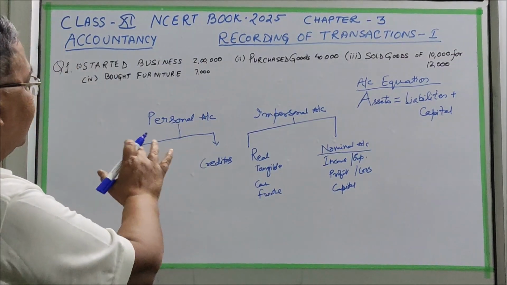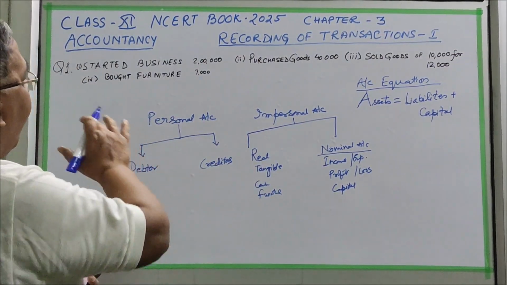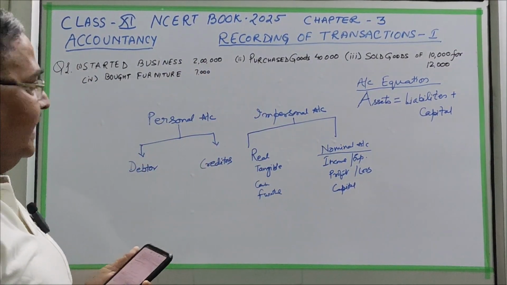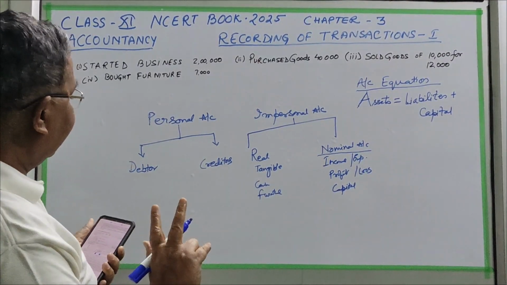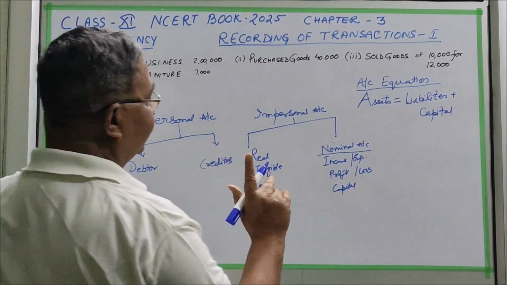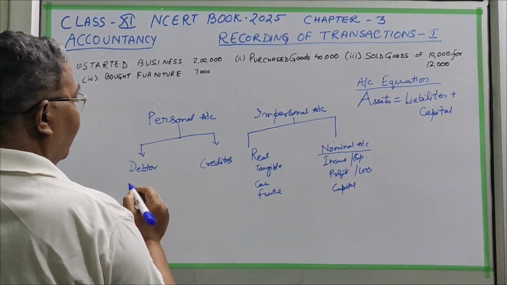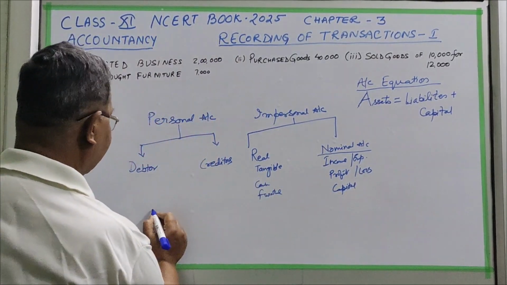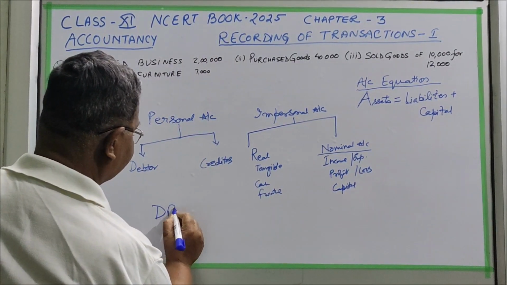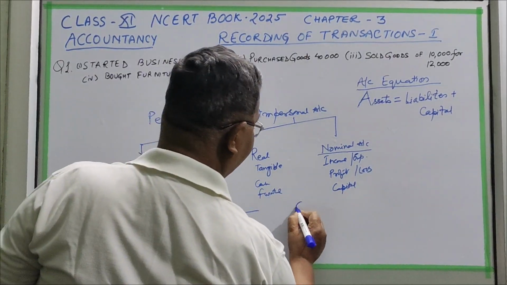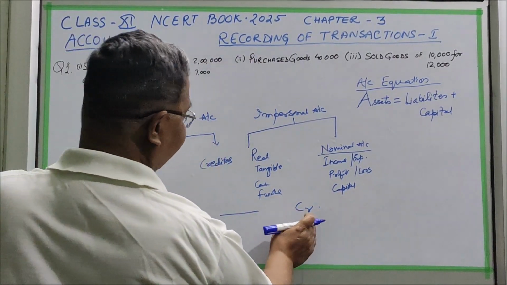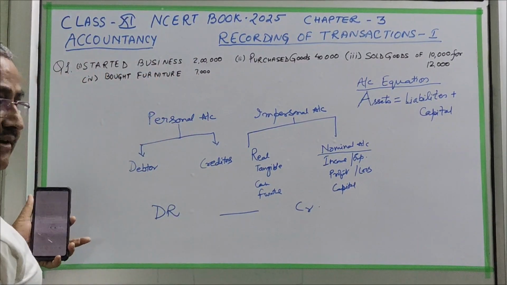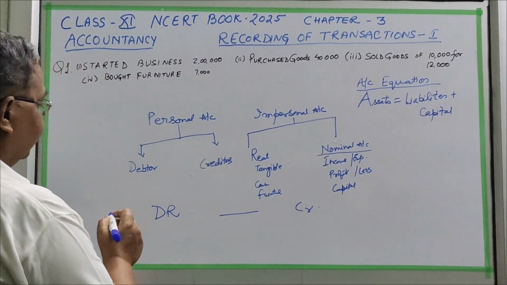So based on these types of accounts, whatever transaction takes place, all entries will have 2 legs. One will be our debit side and the other will be our credit side. The right hand side will be the credit side and the left hand side is our debit side.